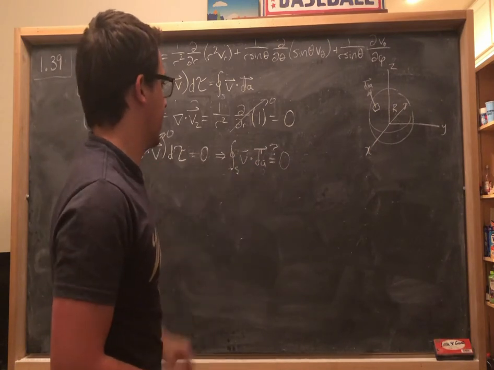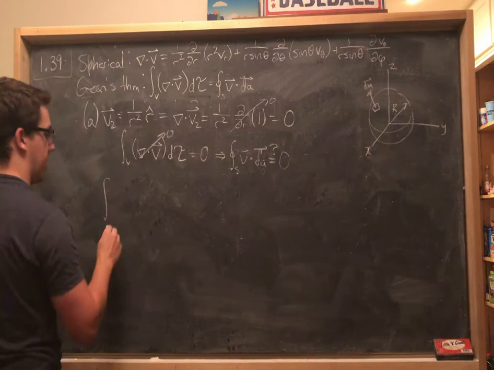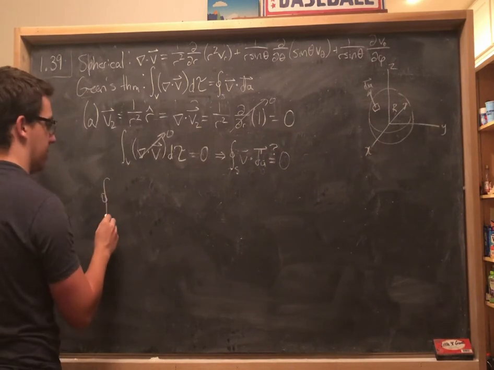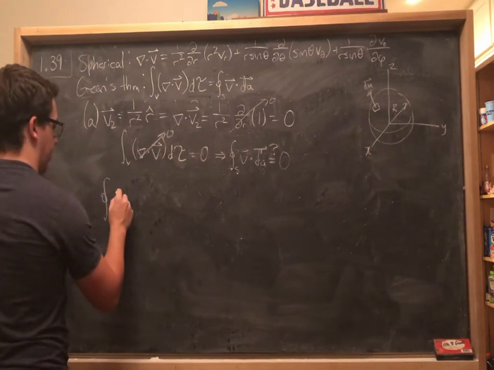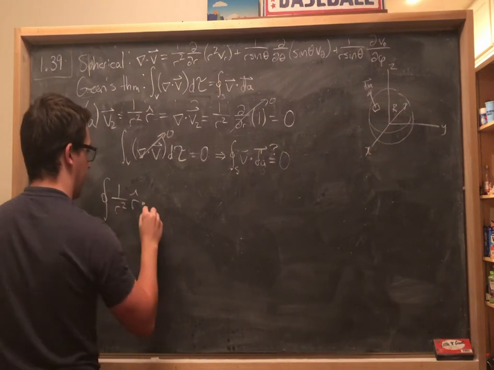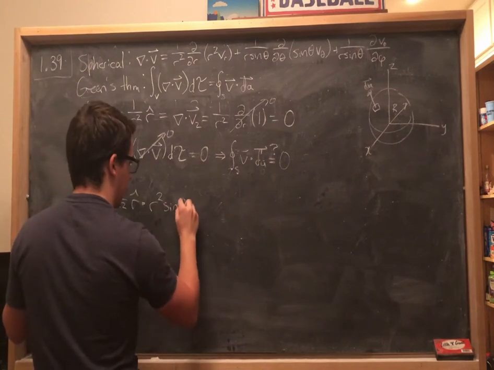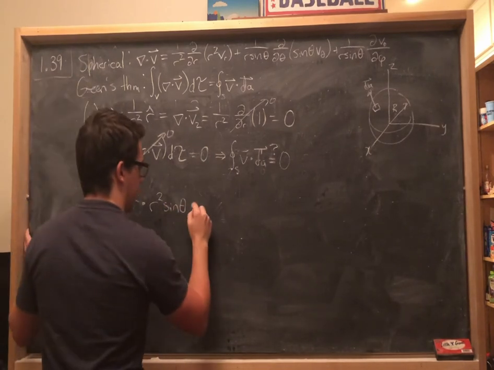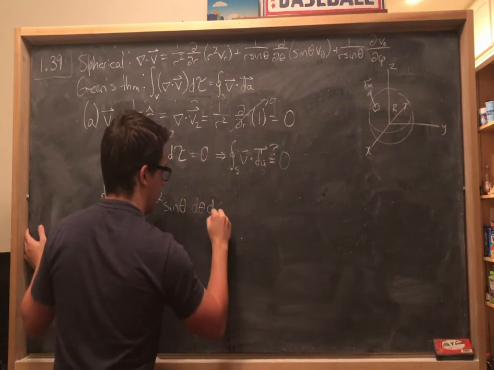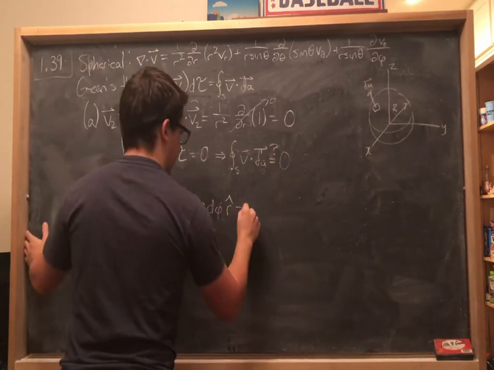So, let's calculate this integral. We're going to have the same dA, and so we're going to have 1 over r squared r hat dotted with r squared sine theta d theta d phi in the r hat direction.